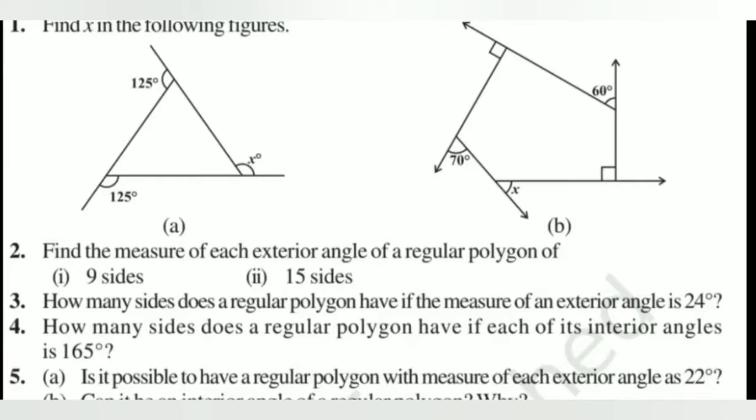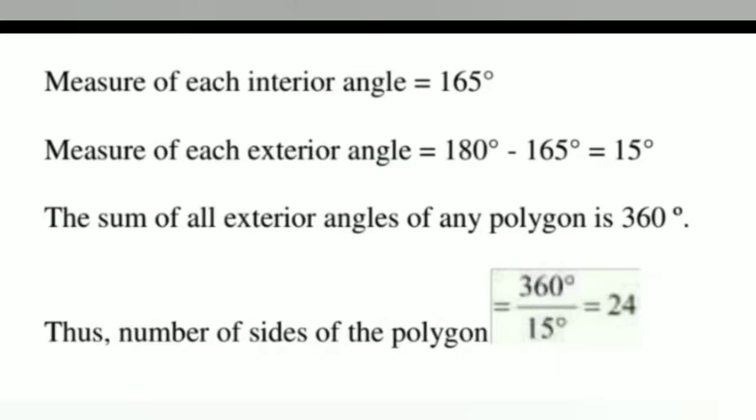How many sides does a regular polygon have if each of its interior angle is 165 degree? See the solution. Measure of each interior angle. This is equal to 165 degree. Then measure of each exterior angle.